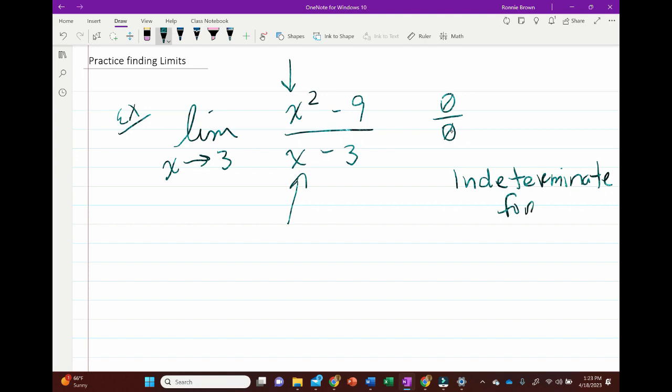All right, so 0 over 0 is one of them, which we just saw right above, which we don't want. Another one you may come across is infinity over infinity. You may come across another one such as infinity minus infinity.